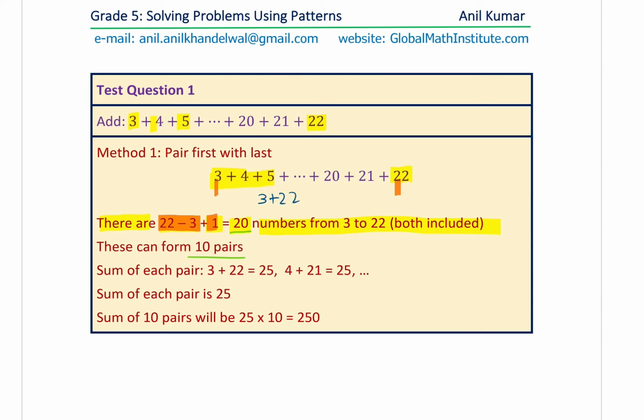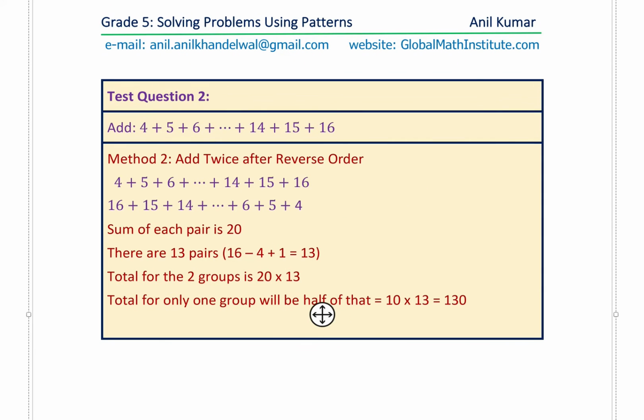So we have how many pairs? 10 pairs, and each is 25. Does it make sense? So the sum of each pair is 25, and there are 10 pairs. You'll multiply 25 by 10 and get your answer as 250. Perfect? Okay.